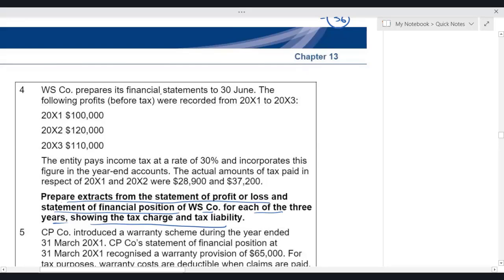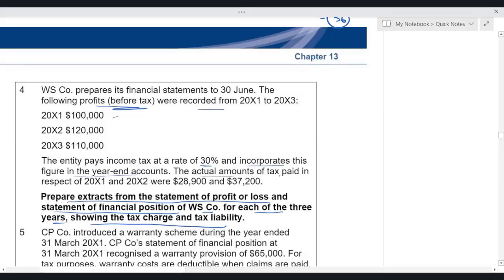WS company prepares the financial statement to 30th June. The following profit before tax were recorded in X1, X2 and X3. So in X1, it is 1 lakh, then 120 and 110. The entity pays income tax at a rate of 30% and incorporates this figure in the year-end accounts.